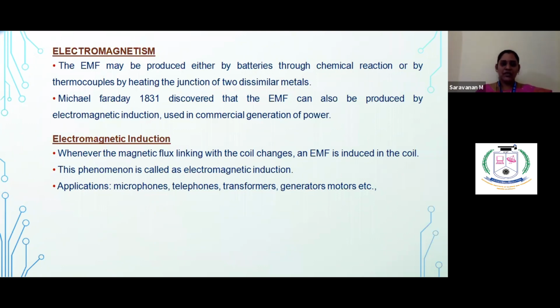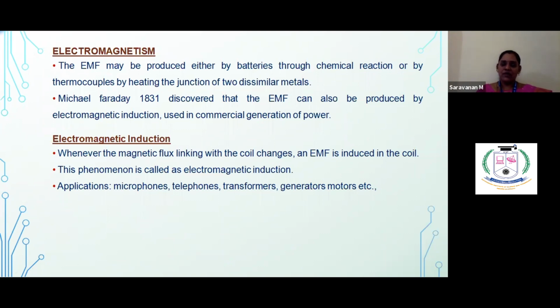This property of electromagnetism existing on your magnetic material, in short, you call it an electromagnetic material. Very good examples of electromagnetism are your induction stove, transformers, generators, telephones, microphones, headphones.